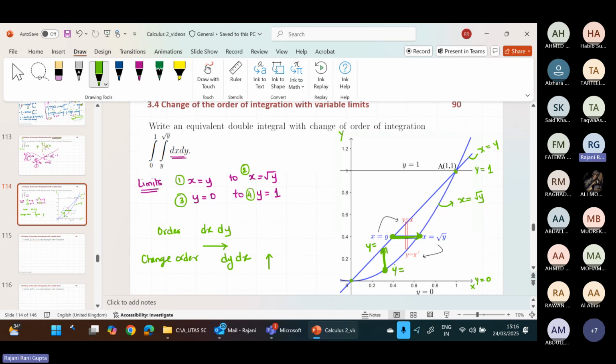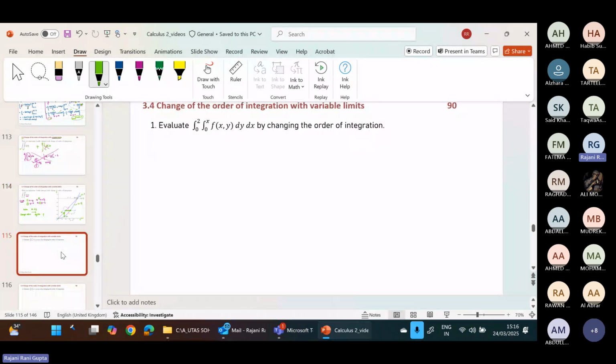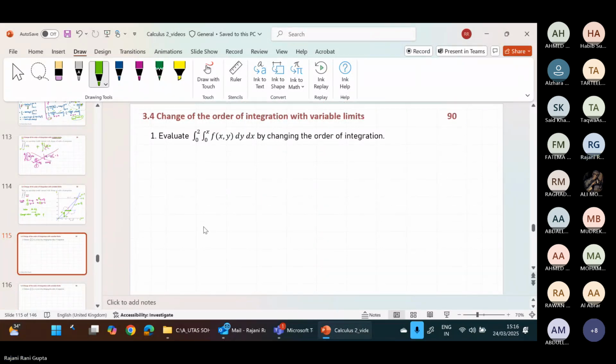Okay, so let's see step by step how to work on this question. Please pay attention to this because this is important. Here you see the order of integration is dy dx.